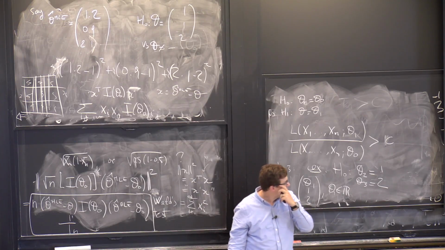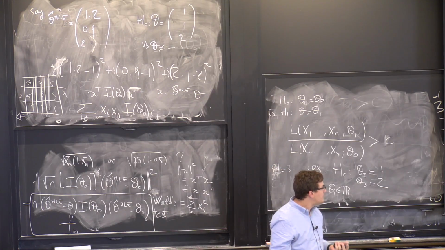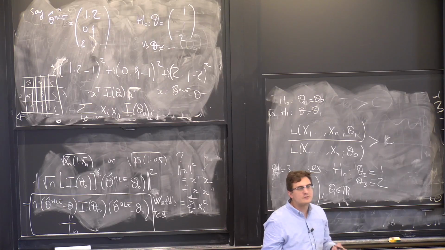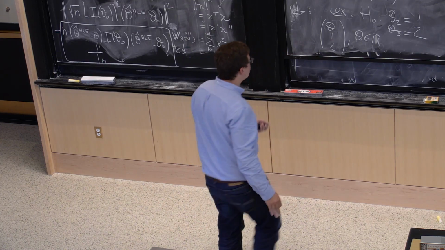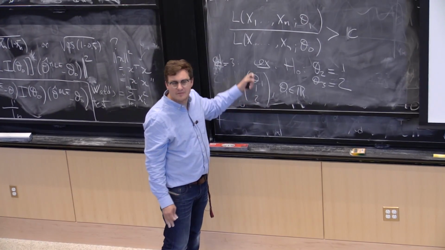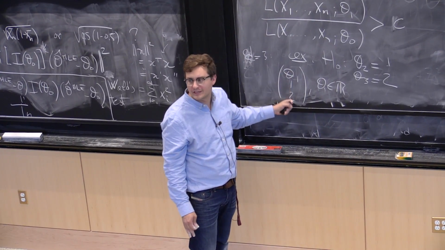So now, I'm going to look at the maximum likelihood estimator. Regardless of anything, it is going to be close to reality. Now, if you tell me ahead of time that the true parameter is of this form, I'm not going to maximize over all 3 coordinates of theta.